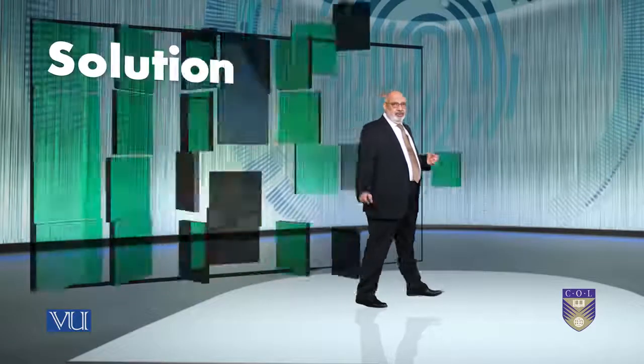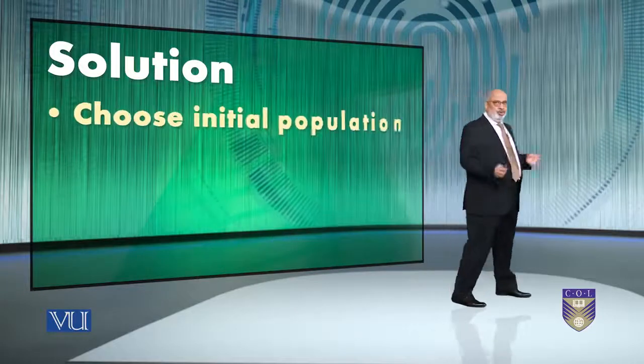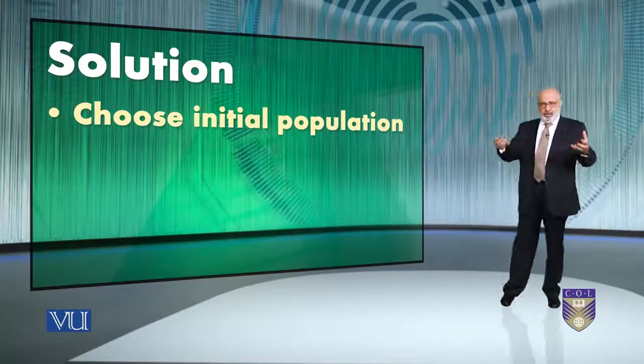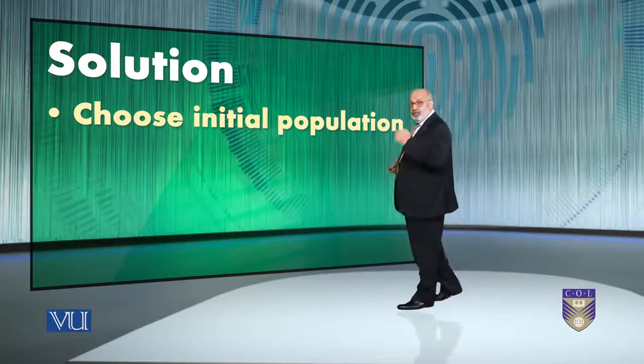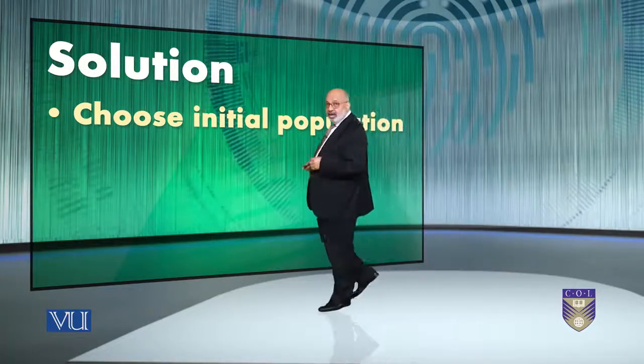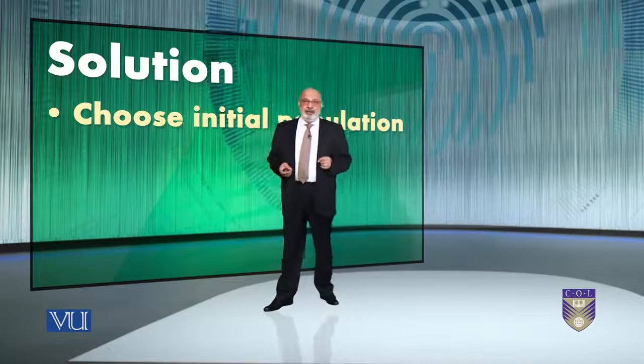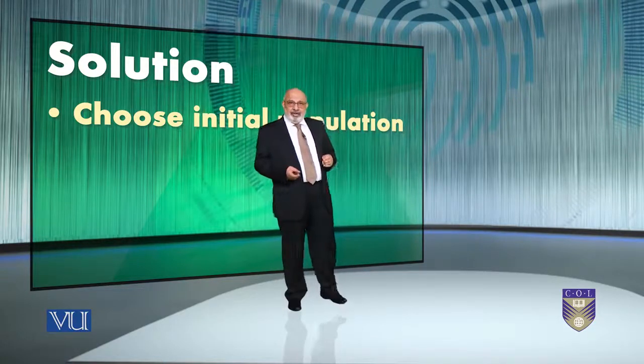So once representation and fitness function are defined, the solution to the problem is pretty simple. Choose an initial set of solutions or board positions. Remember, we chose 100 words in the discussion earlier on in another topic.